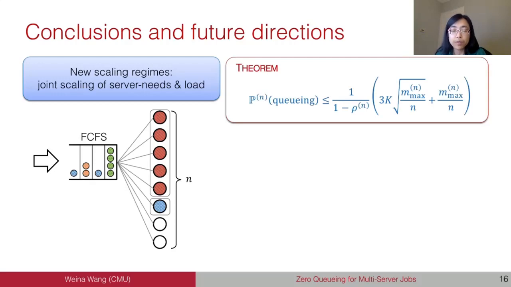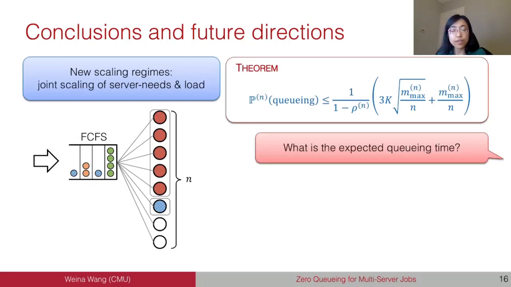This is a very new problem and a very new model, so many problems are open for multi-server jobs, and a lot of research needs to be done. Here I'm just listing a set of questions that are examples for future directions. First, we have characterized the queuing probability, but what is the expected queuing time? Can that also go to zero in some scaling regimes?